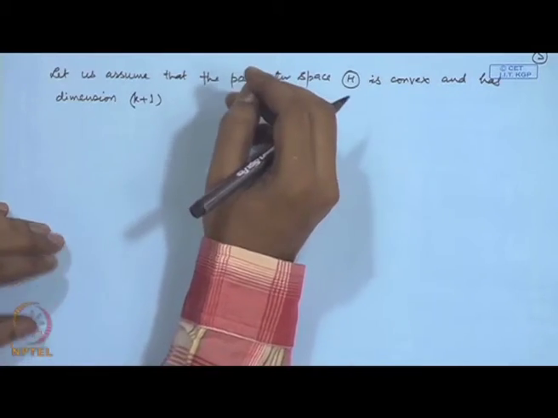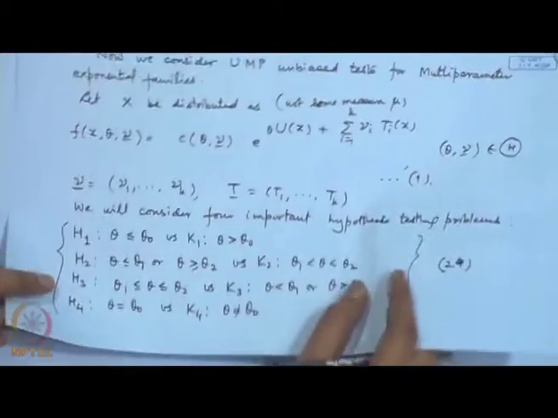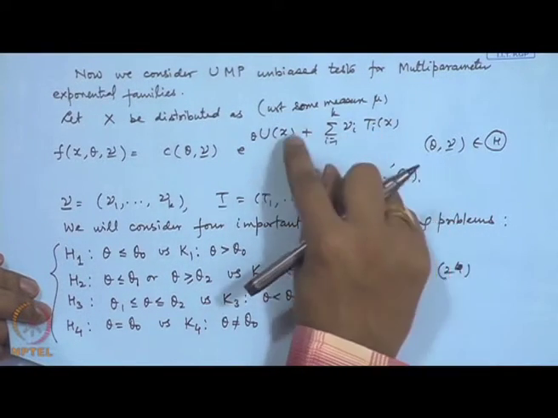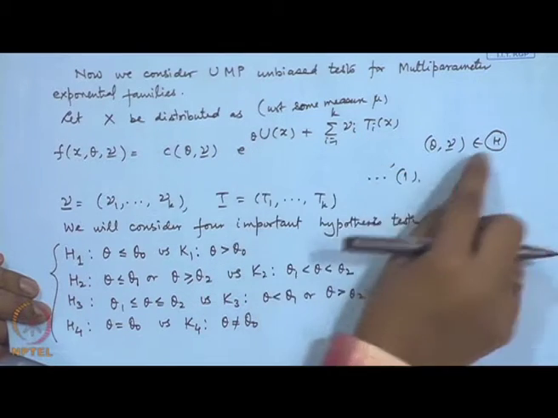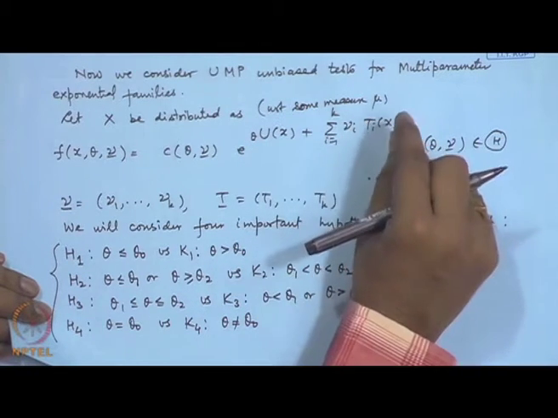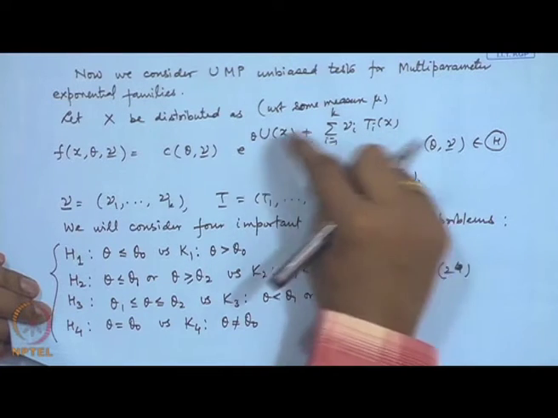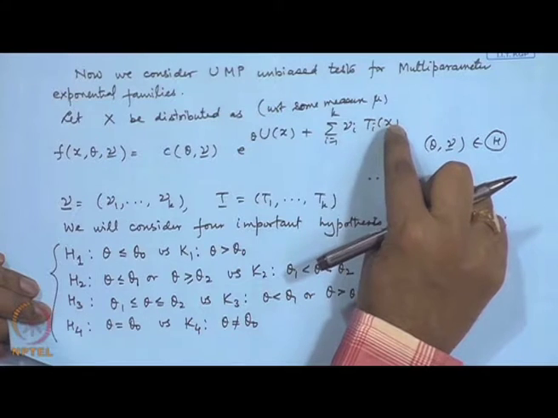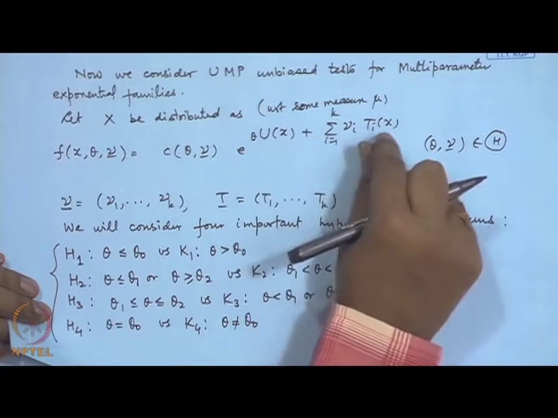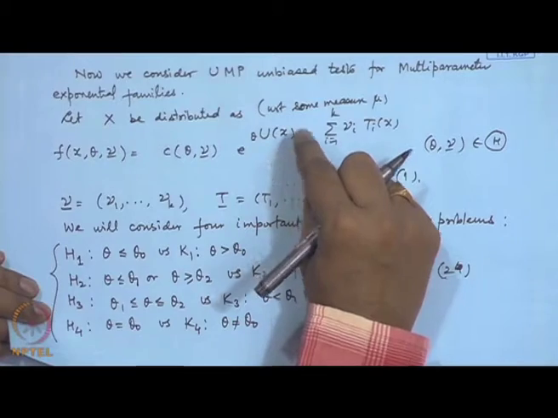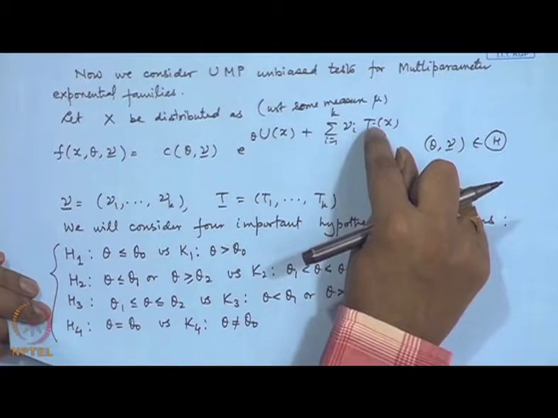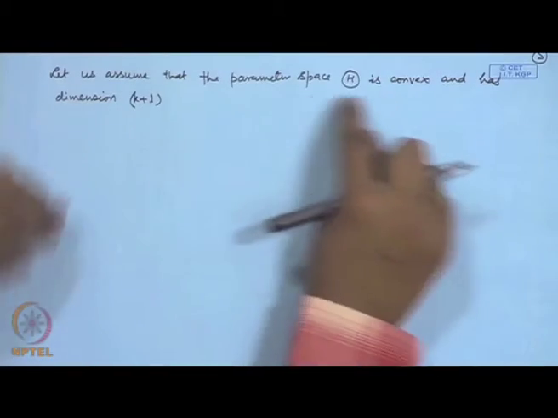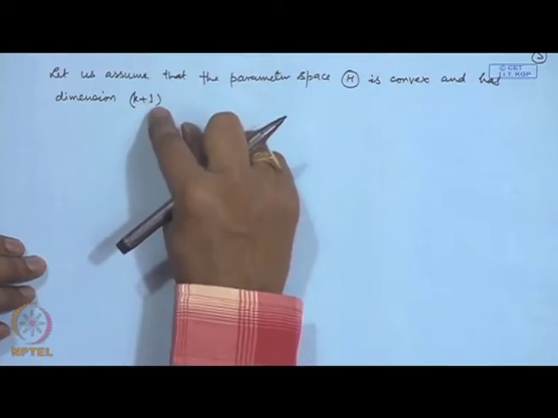Now, this assumption is required. If you remember the result for the k plus 1 parameter exponential family, when we have this type of thing, then if the parameter space contains a k plus 1 dimensional rectangle, then U, T 1, T 2, ..., T k is a complete and sufficient statistic. Sufficiency is of course clear from the factorization theorem, but this will also be complete. Therefore, this assumption that the dimension of this parameter space is full is required.